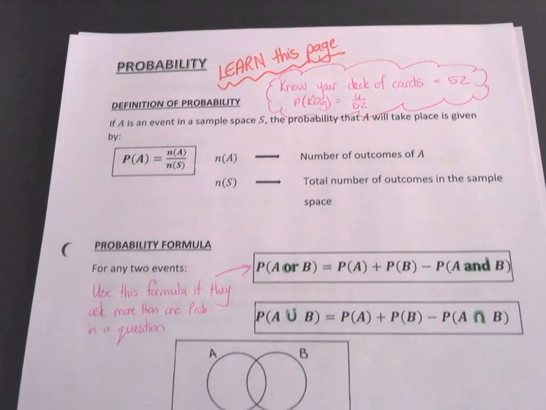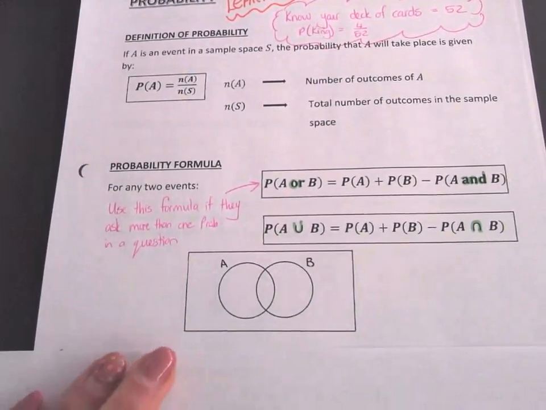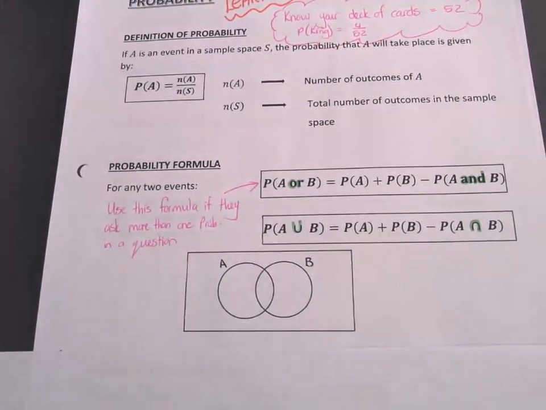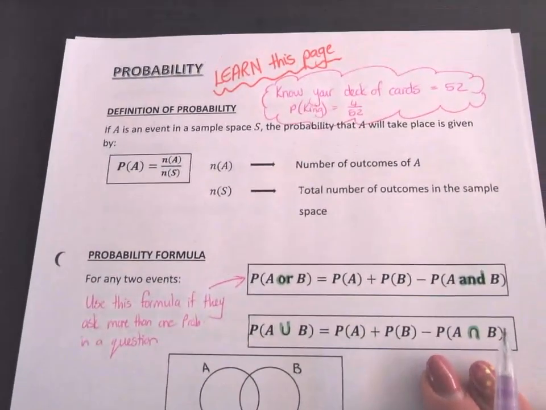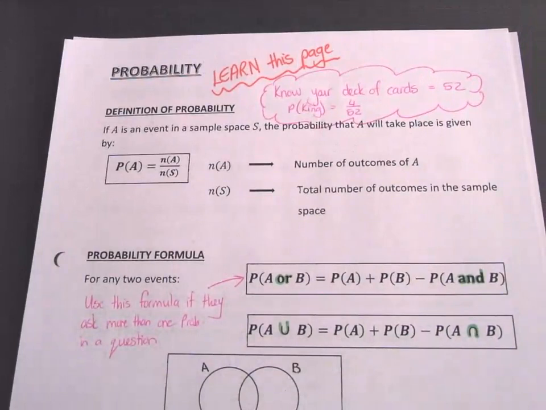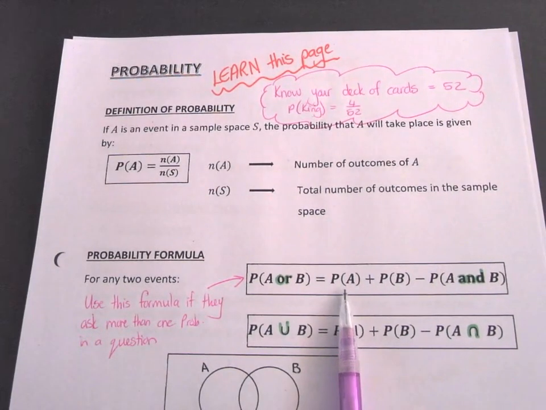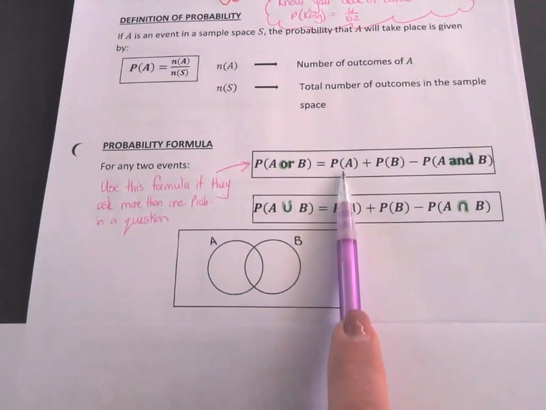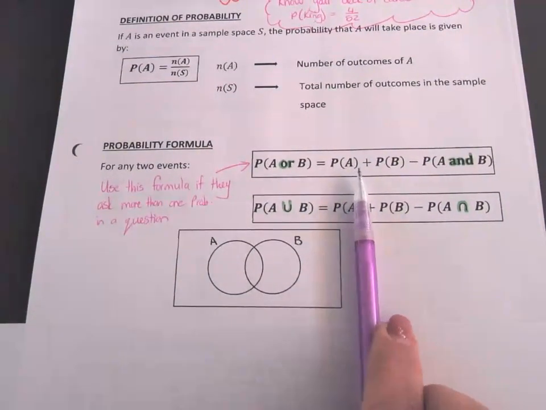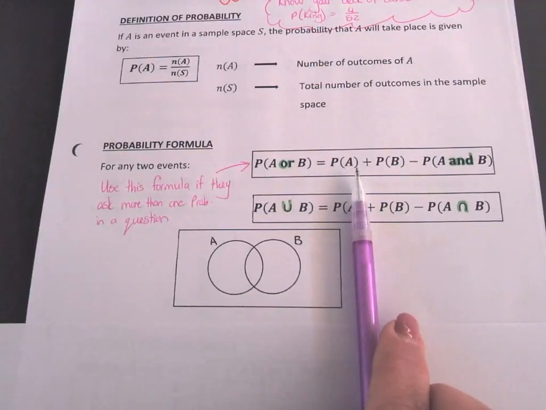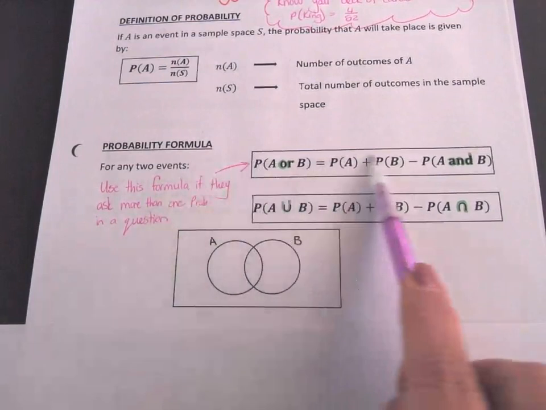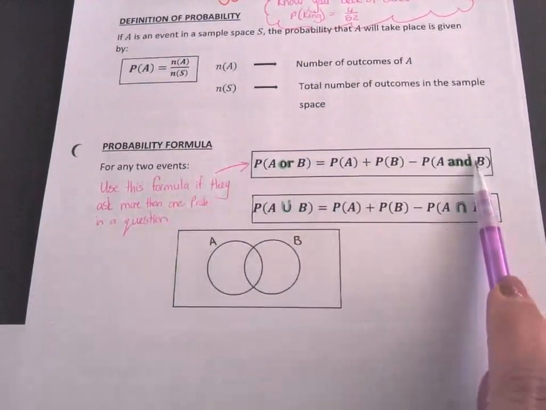Then you get the probability formula. You have to hurry. The probability formula is the one that appears on your formula sheet. And if I give you, for instance, a sum with a lot of probabilities in the question, you use this formula to calculate whatever I ask.